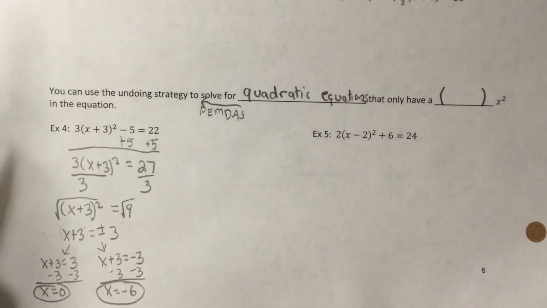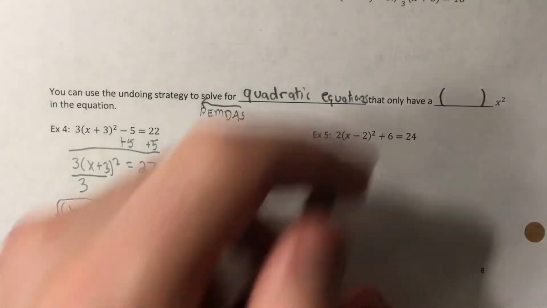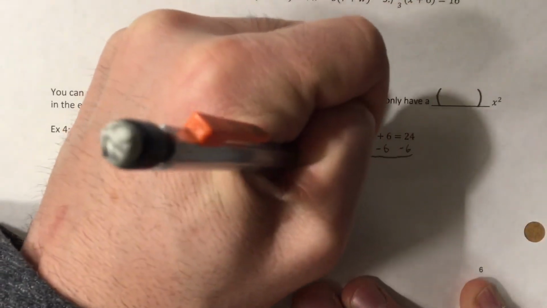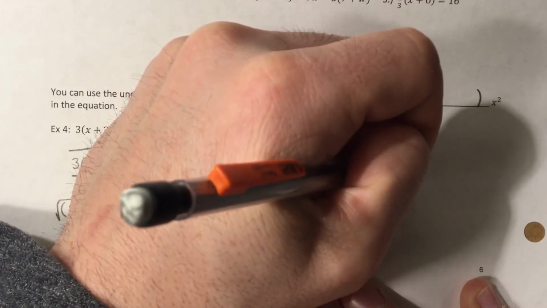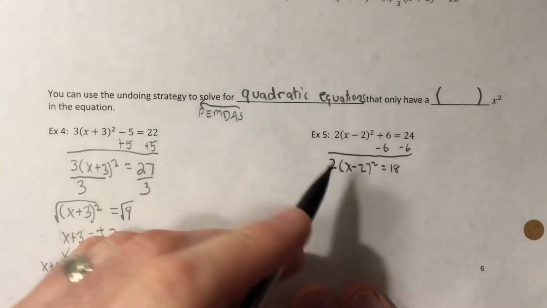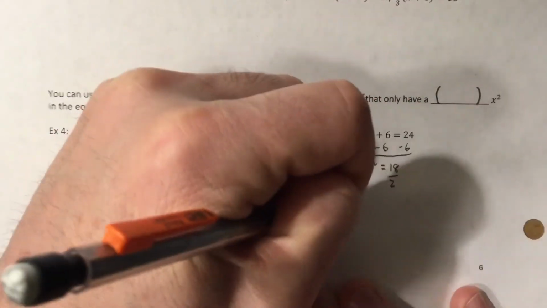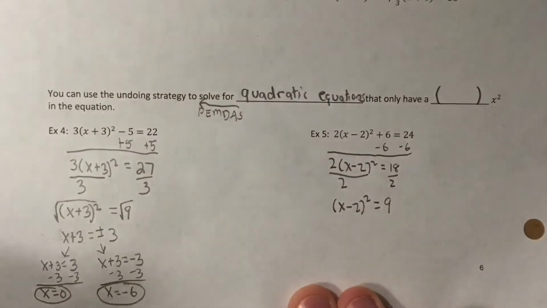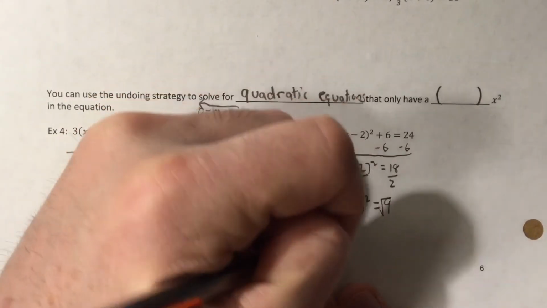If we look at example 5 as well, we're doing PEMDAS backwards, so undoing addition and subtraction. Here I have adding 6, so I'm undoing it by subtracting 6. Next, I undo multiplication and division. There's multiplication right there, so I'm dividing. So I have x minus 2, quantity squared, equals 9. And now I undo exponents, take the square root.